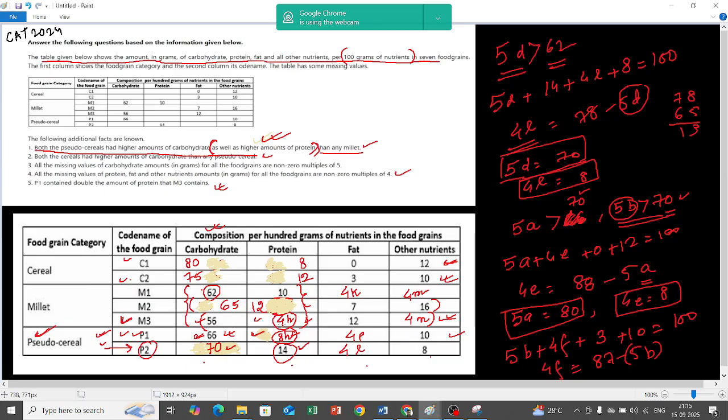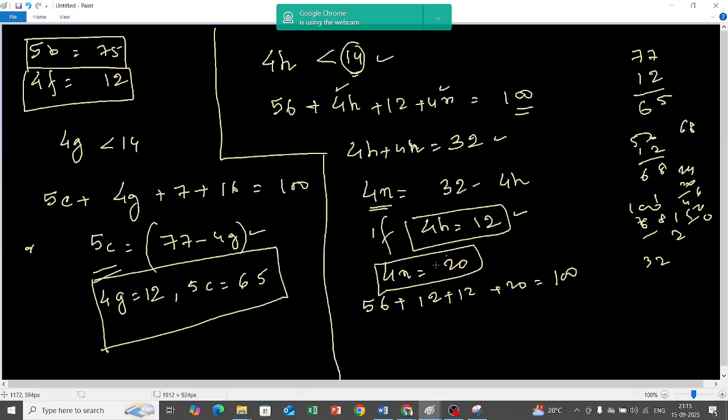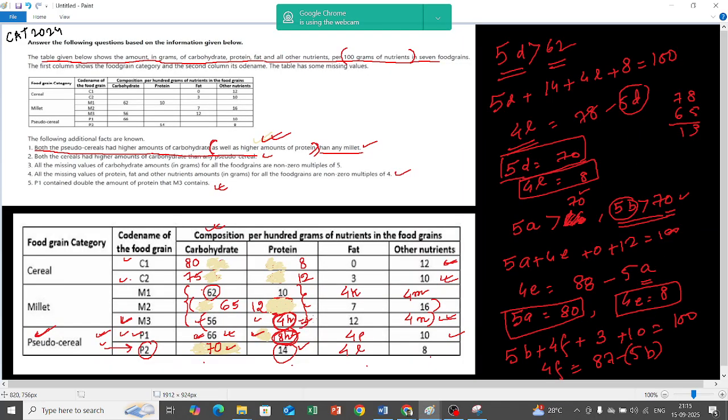Now the thing is that if this is 4h which is 12, then this one is 8h which is double, right? So if I put this one as 12, then 4n becomes 20.